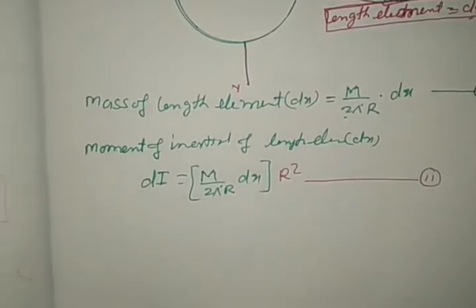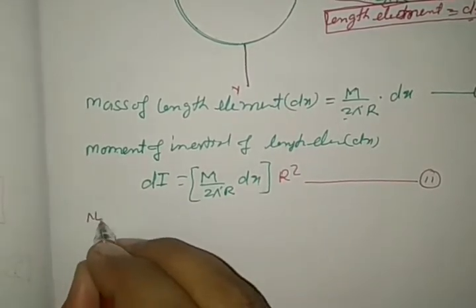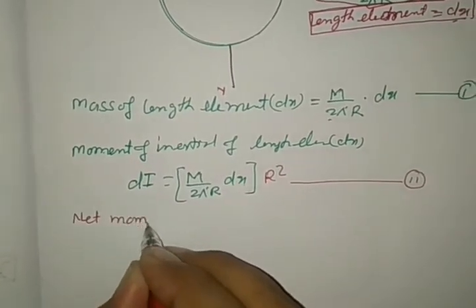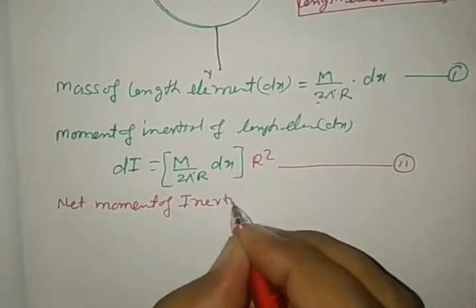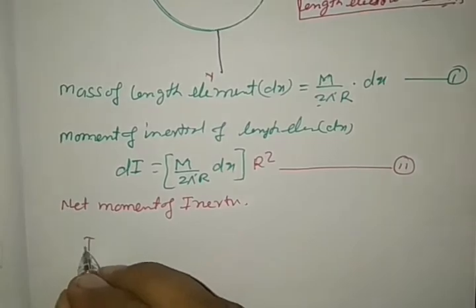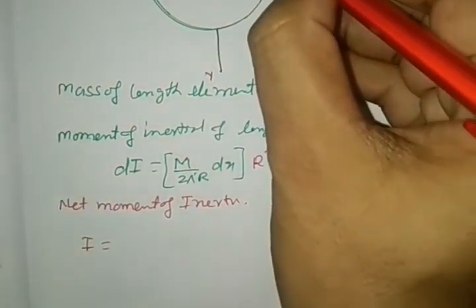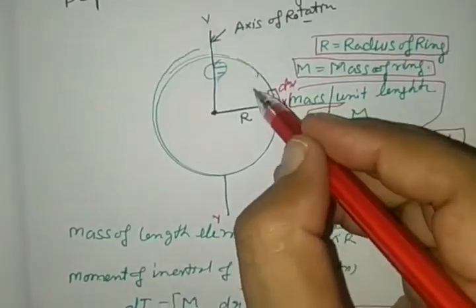Now see carefully. The net moment of inertia I is the summation of all elements.